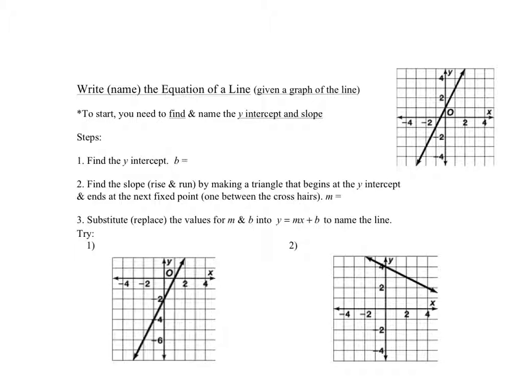The next step for us is, if I give you a line like this, can you write the equation of the line, which is the same thing as naming the line? We always begin with the framework for a line, which is y equals mx plus b, and we need to find a number for m and for b.